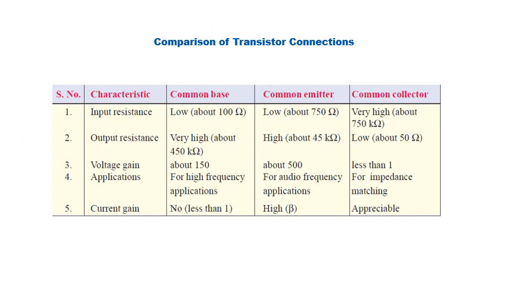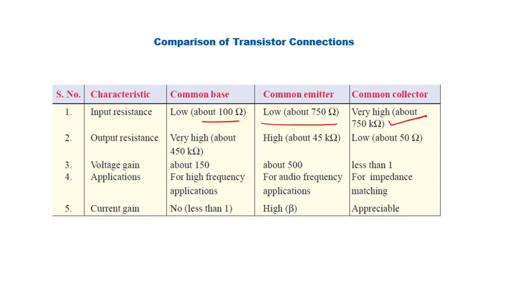And when we compare these three different configurations, the input resistance in the common base configuration is very low, of the order of 100 ohm. But in the case of common emitter configuration, it is 750 ohm. But for common collector, it is very high.